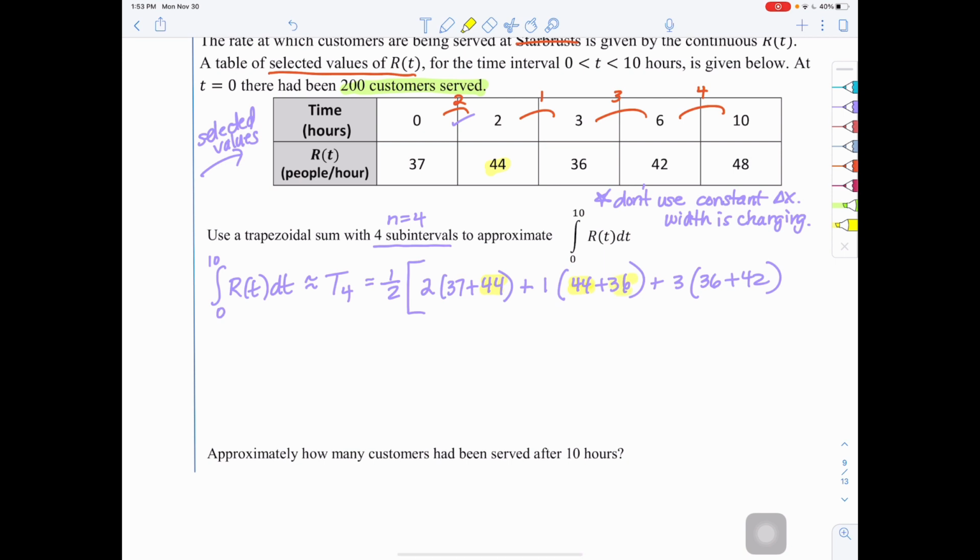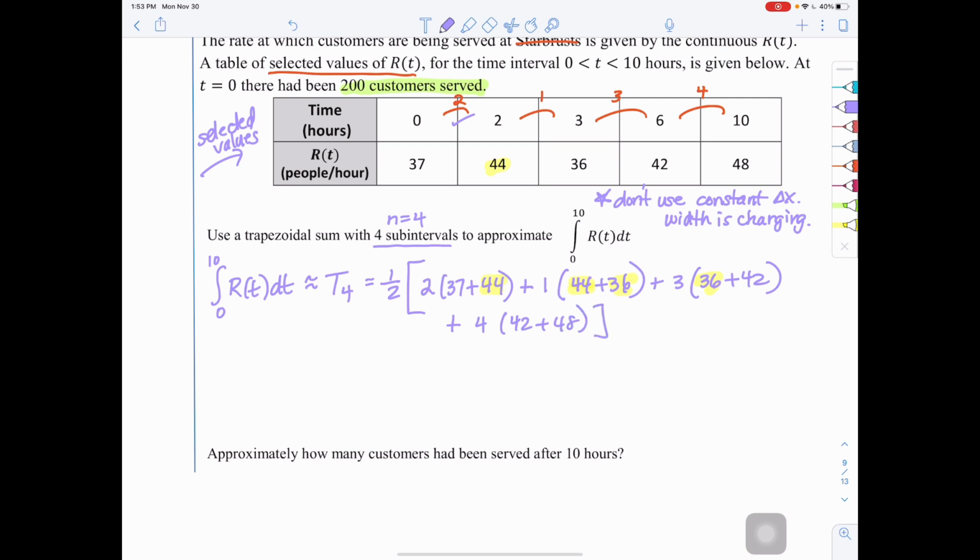There we are, doubling up on that 36 again, plus 4 times 42 plus 48.